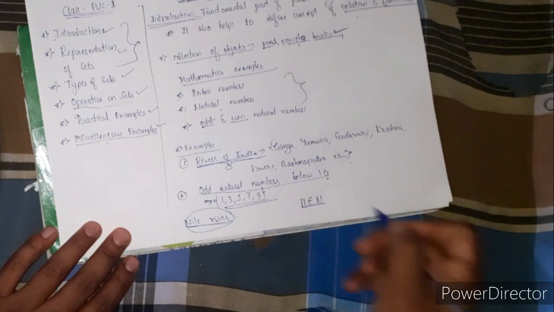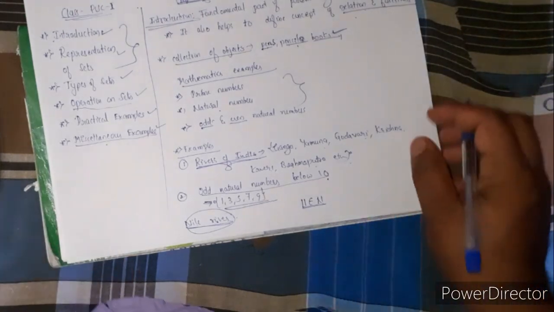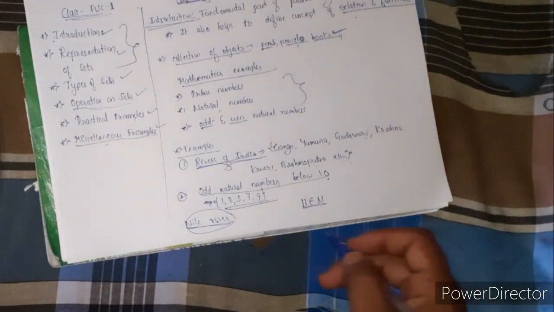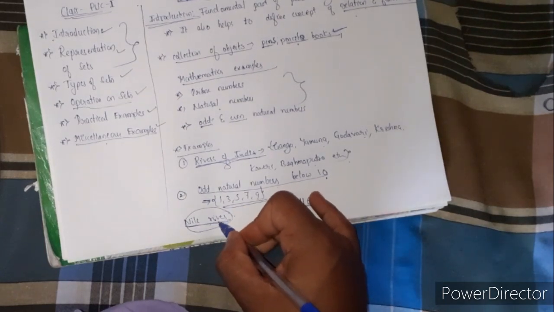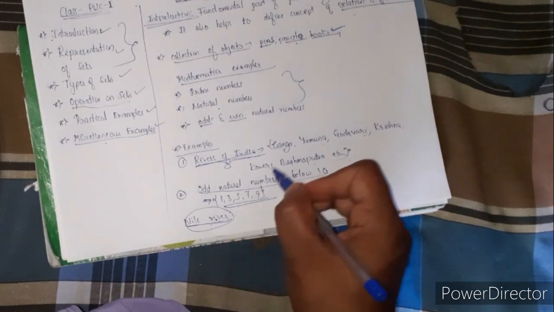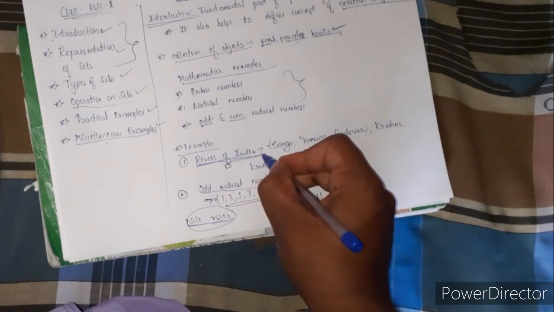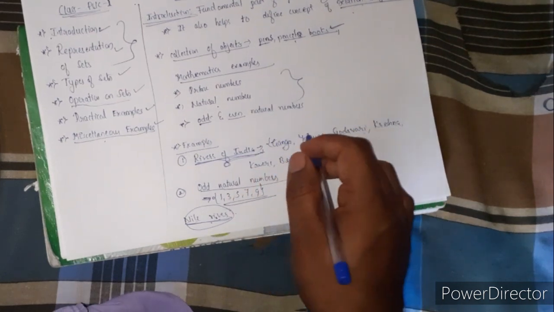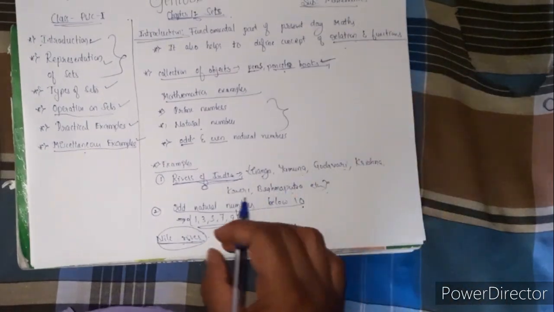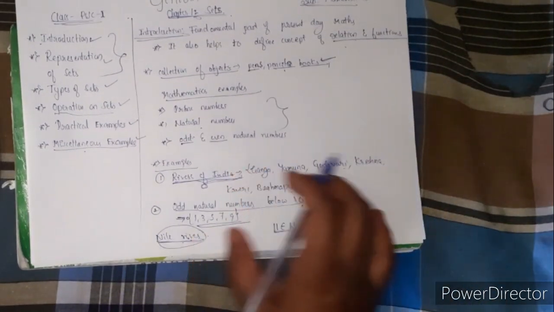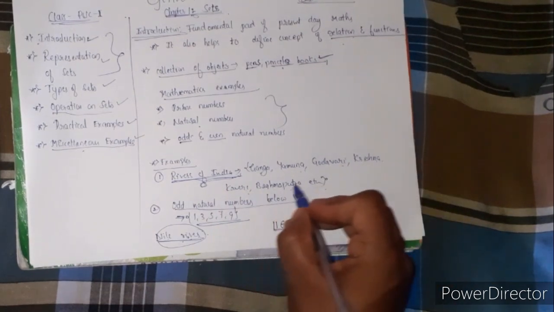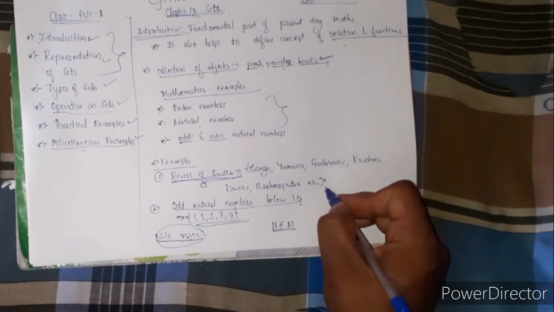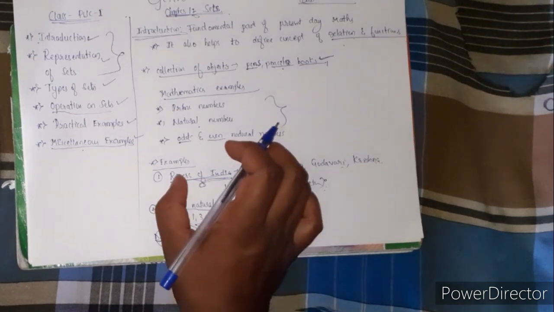So here we come to a definite definition: if you consider any element, it should be in the set in a well defined manner. Rivers of India, Ganga, Yamuna, Godavari, Krishna, Kaveri, Brahmaputra, etc., are well defined within the rivers of India.